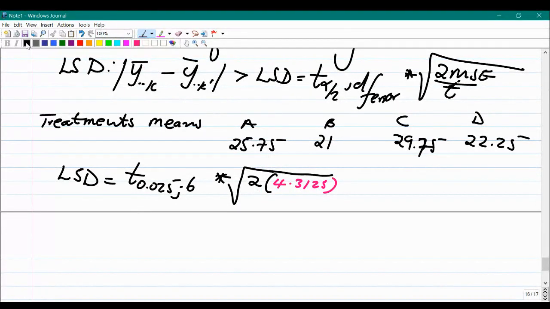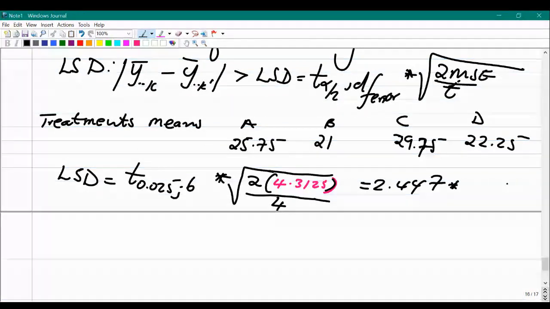Thank you. Divide by 4, right? Yes. The value from the t table is 2.447, multiplied by that value inside it.